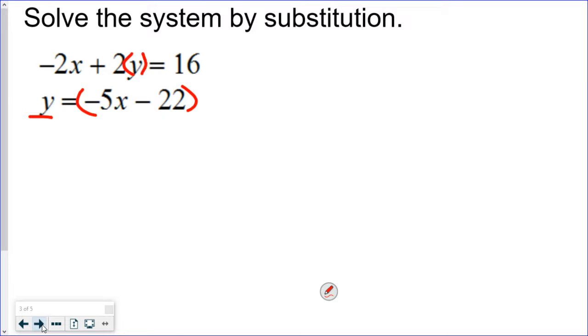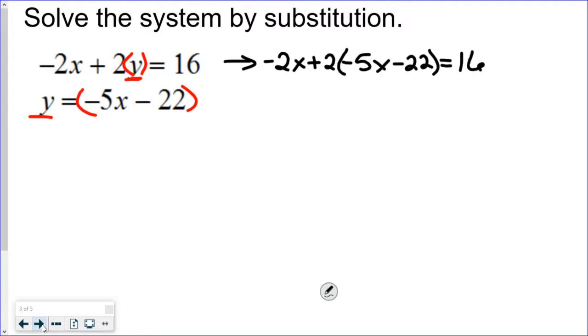So I'm going to substitute -5x minus 22 in for y. Okay, so over here, I'm going to do a -2x plus 2. Now, instead of y, I put -5x minus 22. And I still have that equals 16 at the end. Don't forget about that.